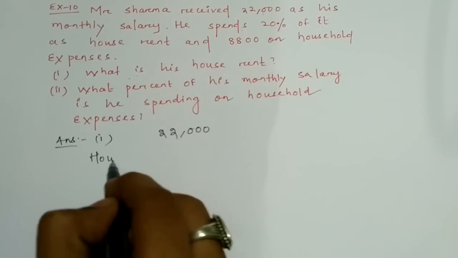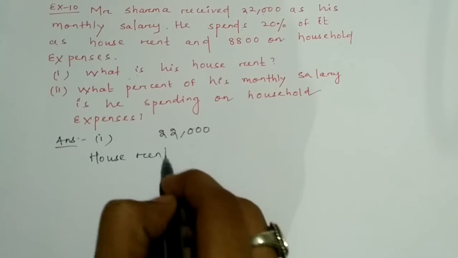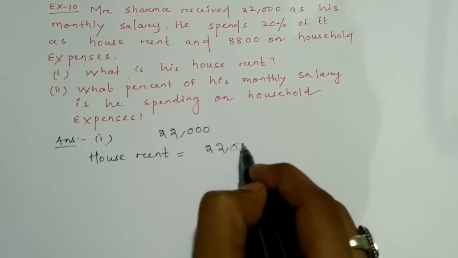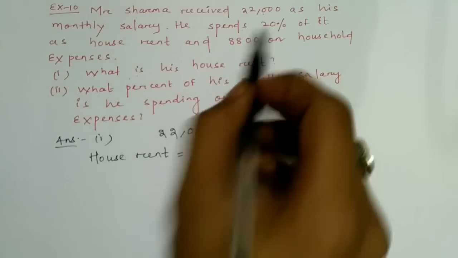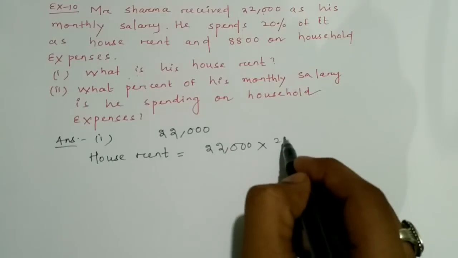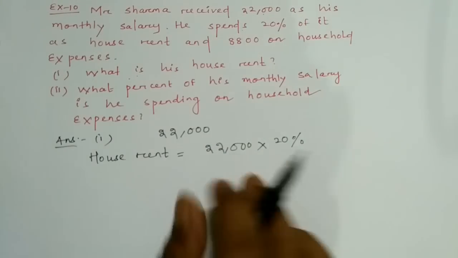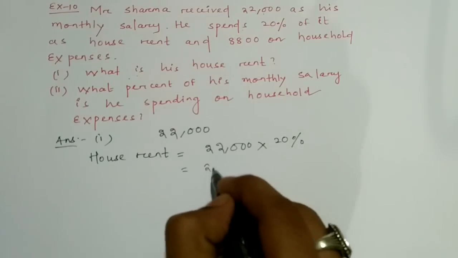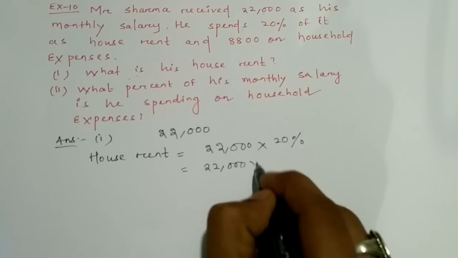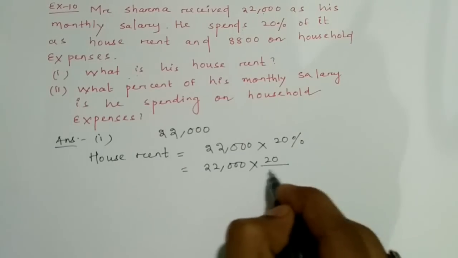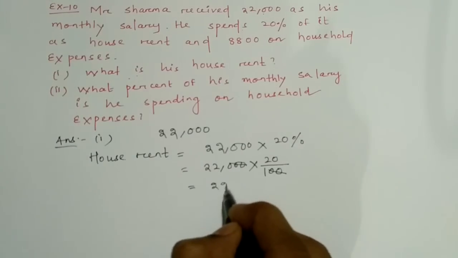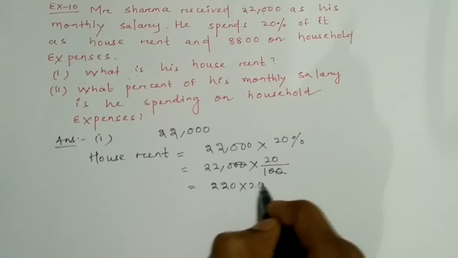So the house rent is the total amount, 22,000, and he spent 20% of it. Of means multiplication. So if I find the value of 20% of 22,000, I get the answer. So 22,000 into 20 divided by 100. The zeros cancel, so it will be 220 into 20.